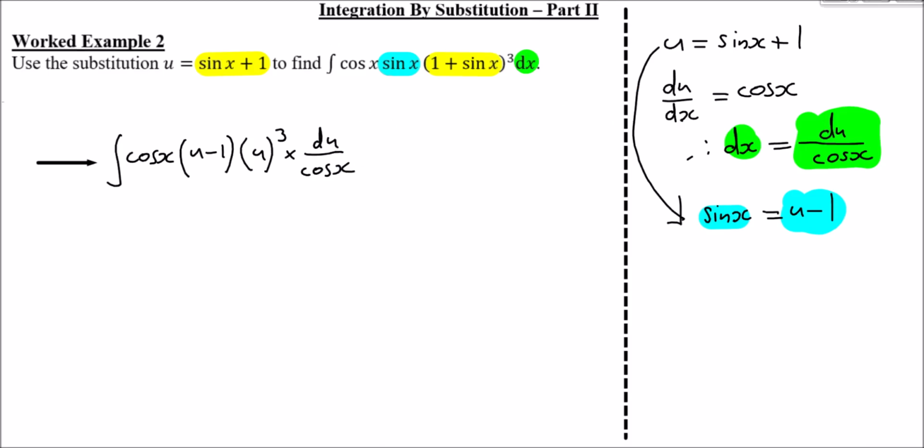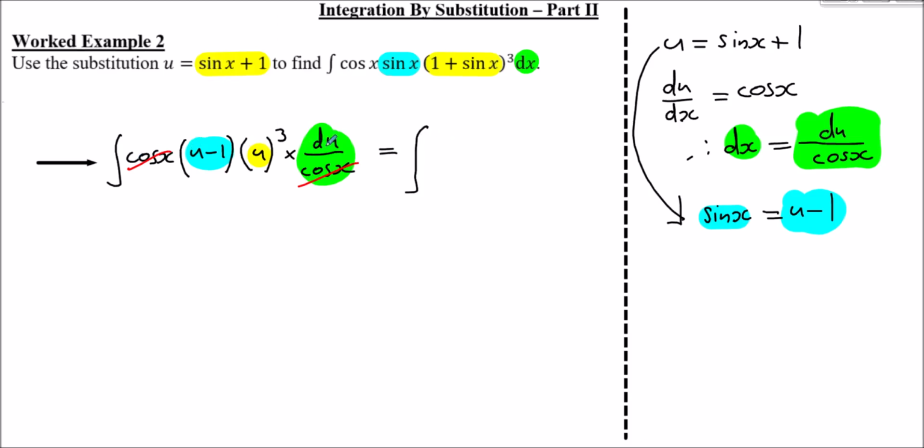So just to emphasize what's happened, I've replaced sine x with u minus 1. I've switched 1 plus sine x with u, and I've switched dx in terms of du like so. The next thing we can do is spot that cosine x will cancel with this because I'm dividing by cosine x.